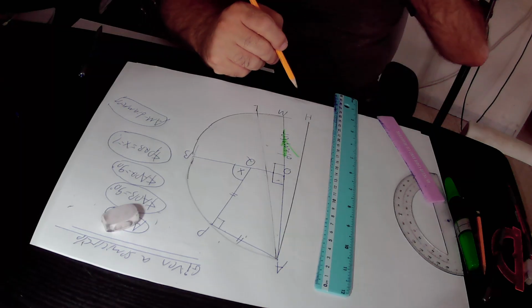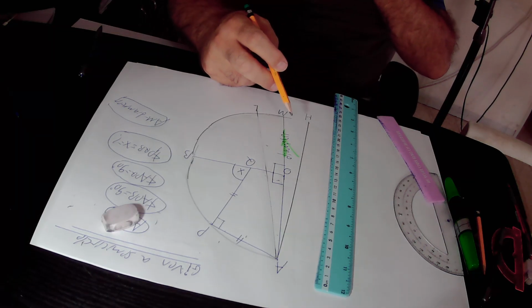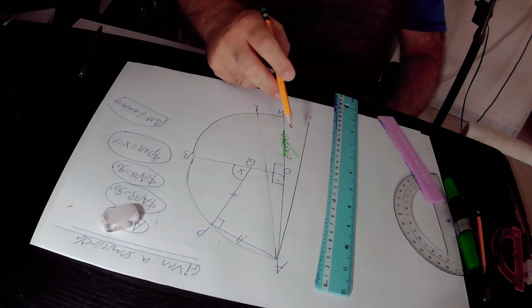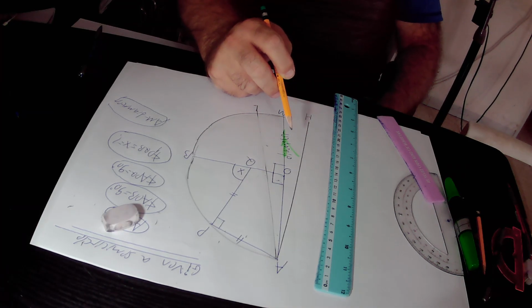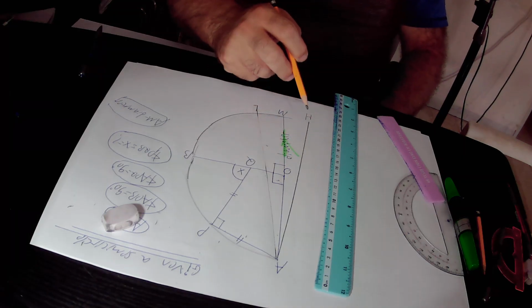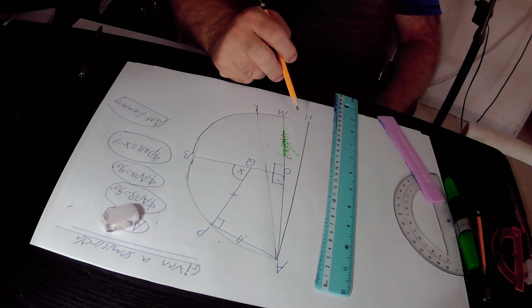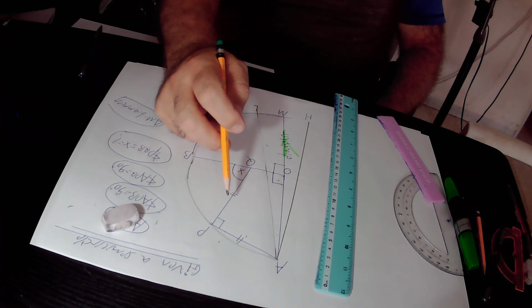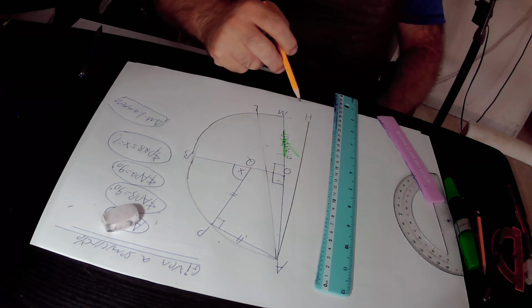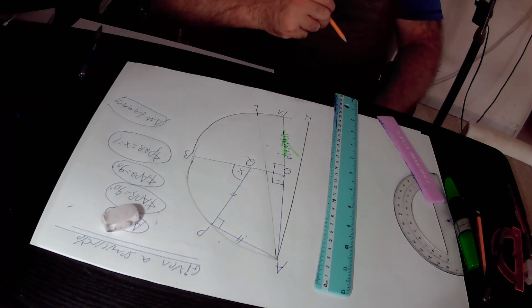But AH is definitely not the diameter of the semicircle, because AH doesn't pass through point O, that is the center of this semicircle. So AH is definitely not the diameter of this semicircle, therefore we have a contradiction to rule 5 again, because we have peripheral angle APH, that is a right angle, and it doesn't subtend on the diameter of the semicircle, because AH is not the diameter of the semicircle.